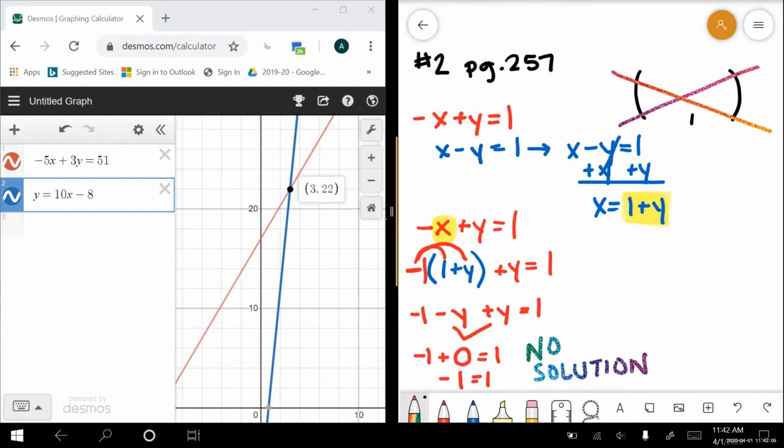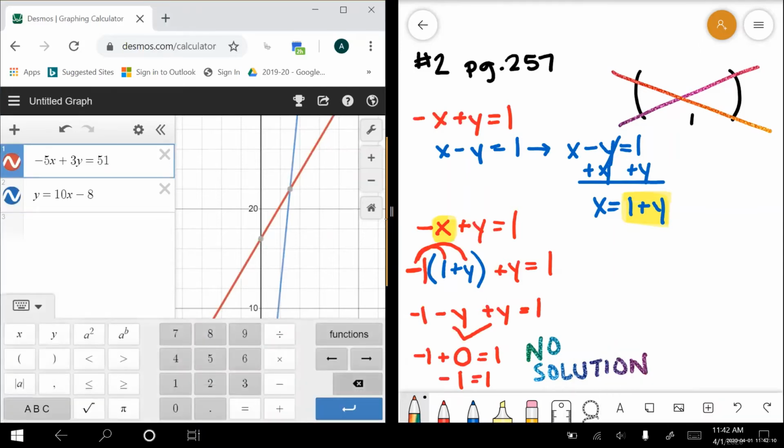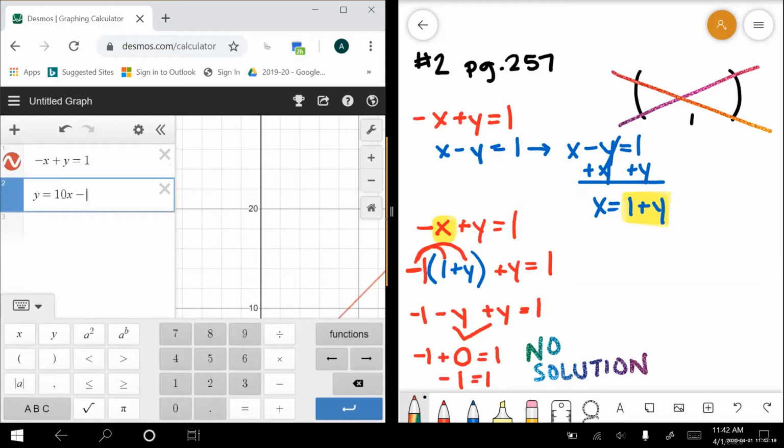Now, how can we prove that with graphing? Let's look at it together. I'm going to type in negative x plus y equals 1. And before I type in the next one, what's this going to look like? Just thinking about it for a second.